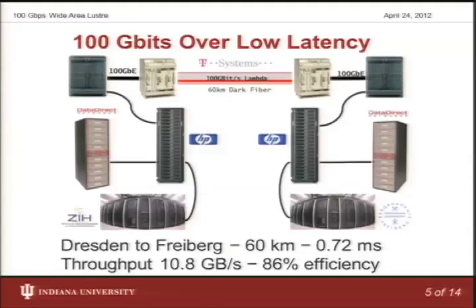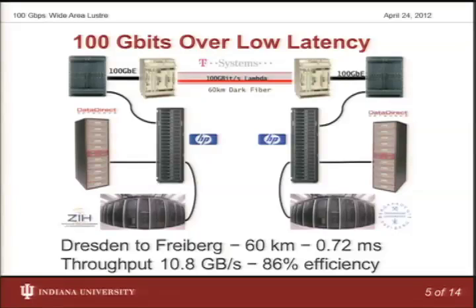It spanned 60 kilometers for their initial tests. They were able to bump it up to 200 and then 400 kilometers by putting a bunch of fiber in the machine room so they could do some further testing, which is a bit artificial, but you get the idea. And for the 60 kilometer measurements, they were able to get a peak throughput of 10.8 gigabytes per second, which is quite good, 86% efficiency.